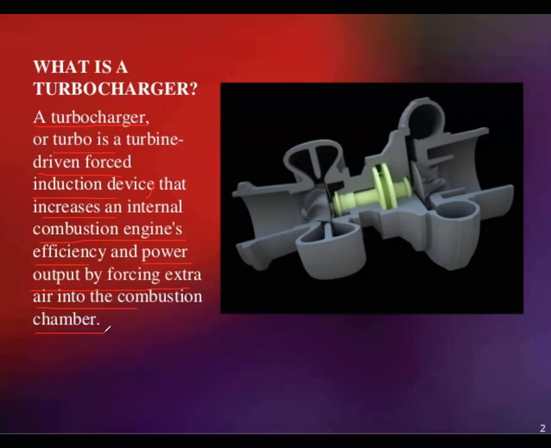The compressor and turbine are mounted on the same shaft. Whenever the turbine blades rotate, the shaft rotates, and the shaft allows the compressor to rotate. So that is the principle. I'll take you through how the working principle takes place here.